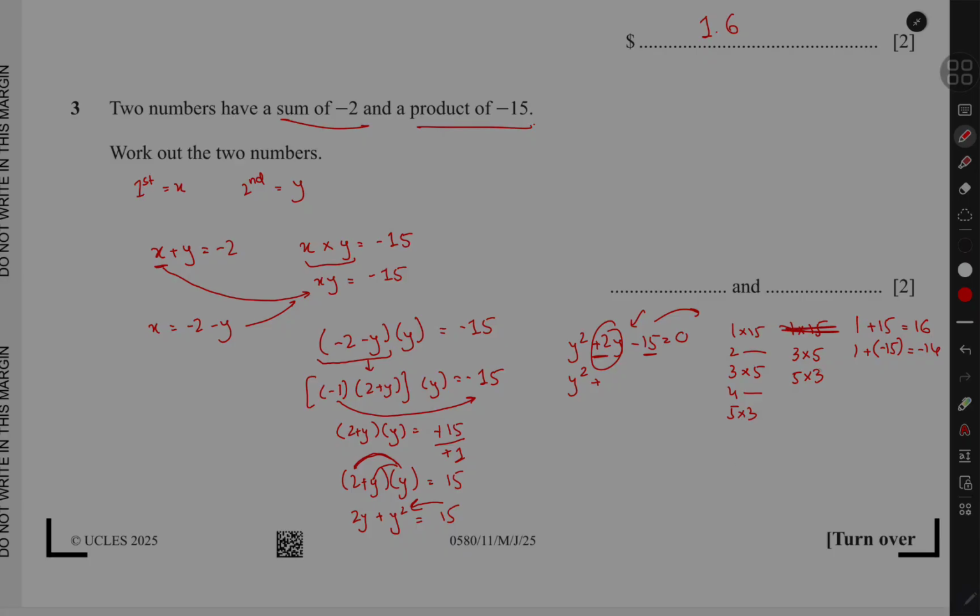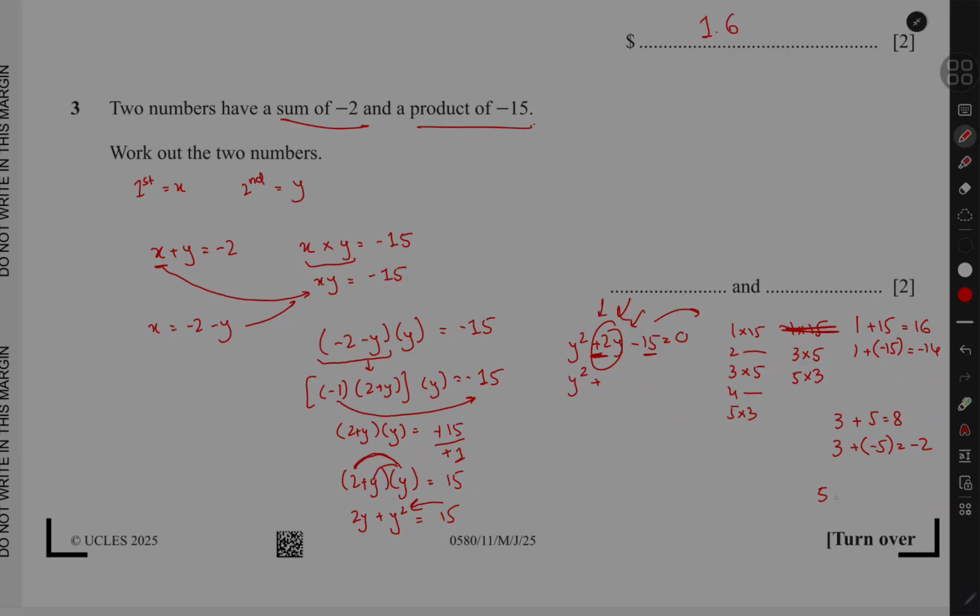3 times 5. If I take 3 and I add, because I have plus, so I need to add 2 numbers. 3 plus 5, that would give me 8, but not 2. 3 plus negative 5, that would give me negative 2, but I need plus 2. Oh, we're so close. Okay, let's try 5 times 3.